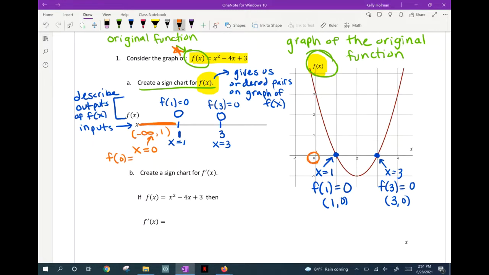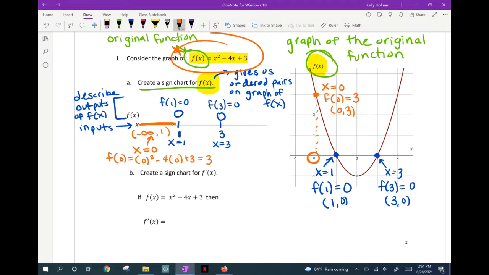If I look down here at 0, I can go up to the graph right here. When x was 0, the height is 3. (0, 3) is the point. Or you could put it into the rule up here. Either way, you're going to get a 3 out.